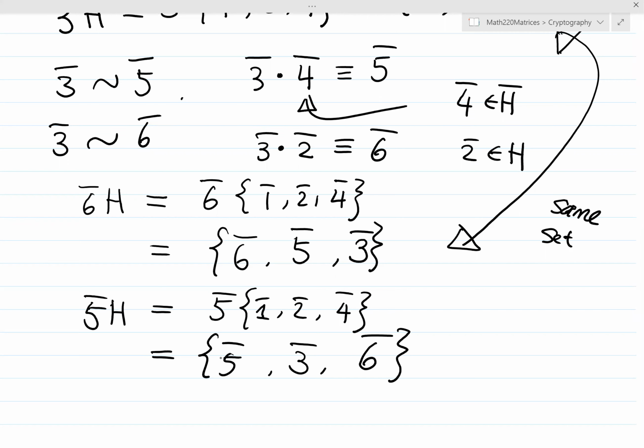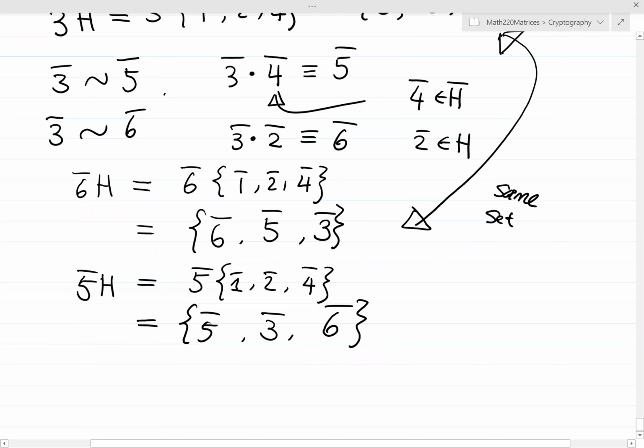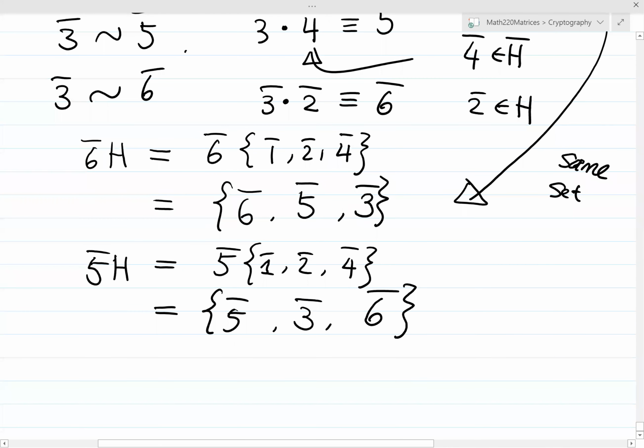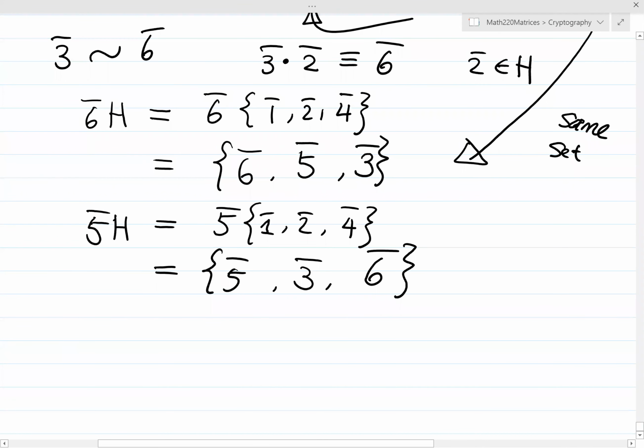Next we see the equivalence class of 3 bar H, or 5 bar H, or 6 bar H, whichever choice you choose. Now H is 1, 2, 4.